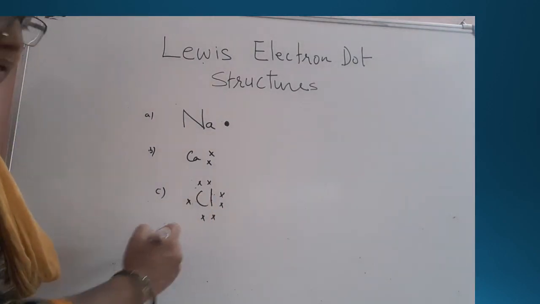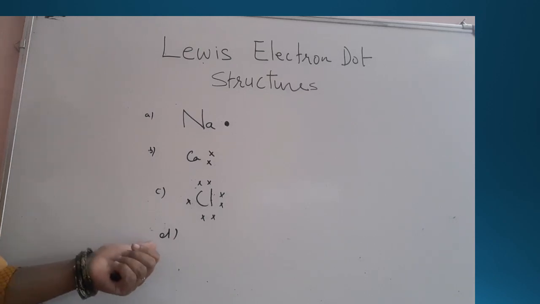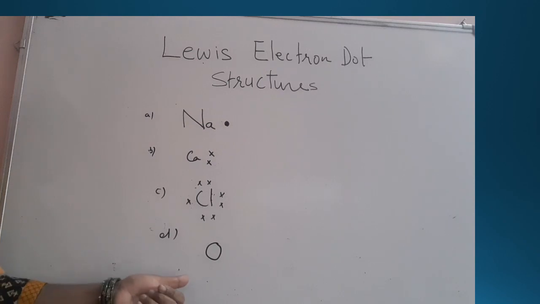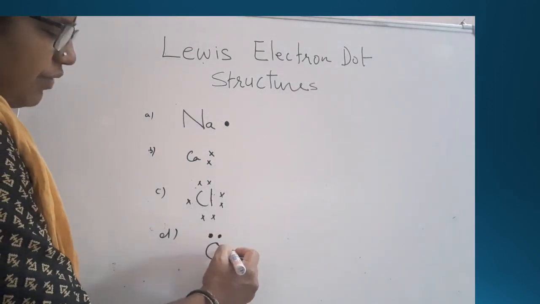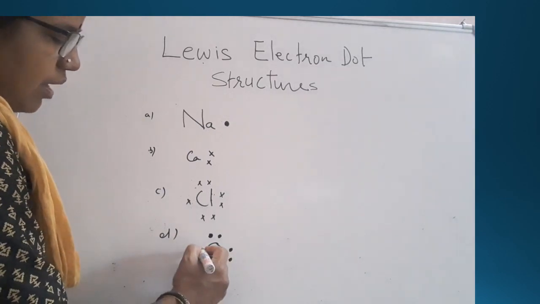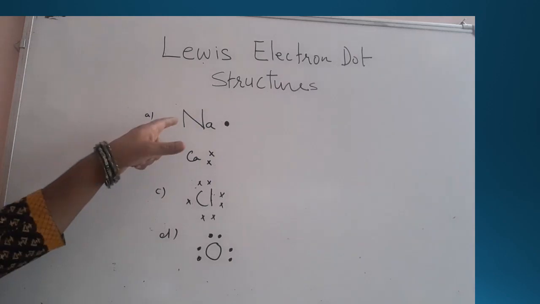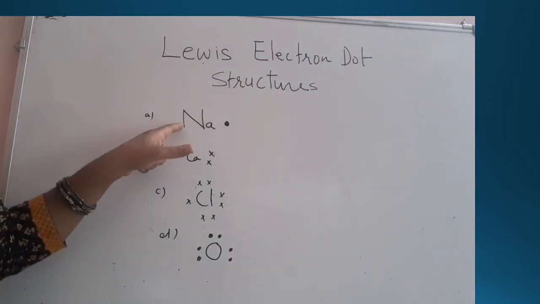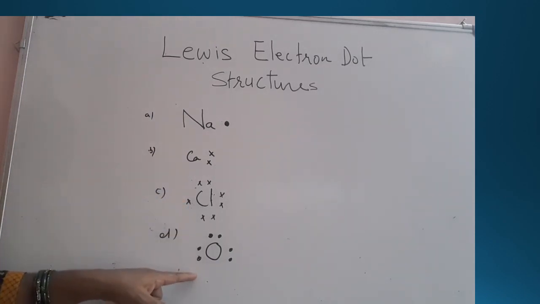Oxygen. The electronic configuration of oxygen is 2, 6. That means oxygen has 6 electrons in its outermost shell, and we represent those 6 electrons by giving 6 dots along with the symbol of oxygen. So these are the Lewis electron dot structures for sodium, calcium, chlorine and oxygen respectively.